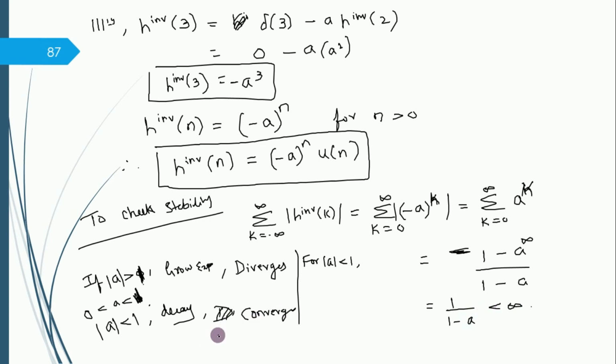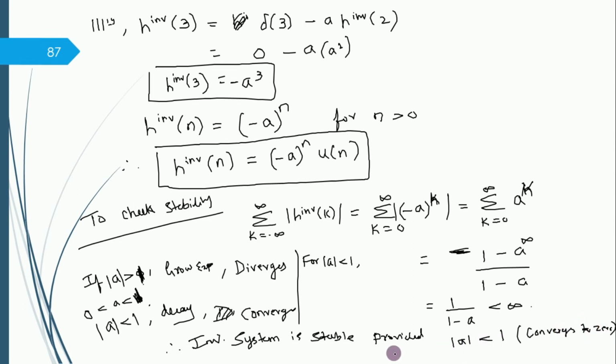It is stable. Therefore the conclusion is the inverse system is stable provided mod of a is less than 1, meaning it converges to 0.